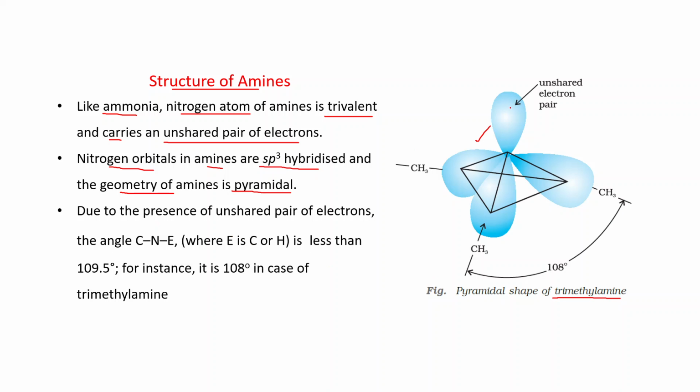There is one unshared pair of electrons. Due to the presence of the unshared pair of electrons, the angle C-N-E, where E is carbon or hydrogen, is less than the normal tetrahedral bond angle of 109.5 degrees. For instance, it is 108 degrees in the case of trimethylamine.